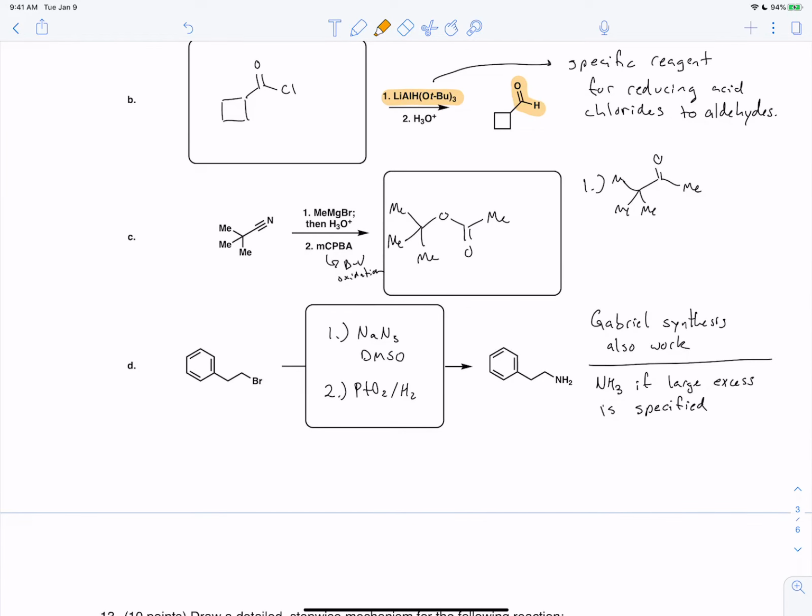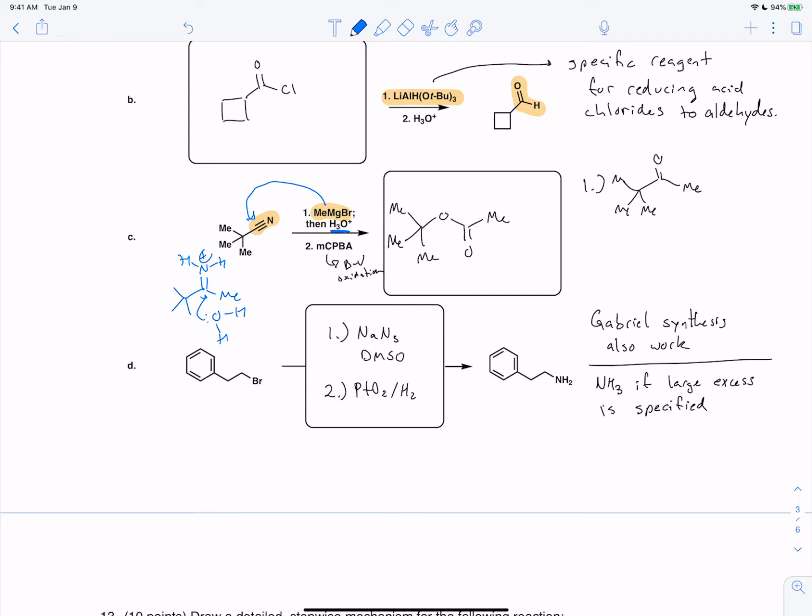In step C, we see we have a nitrile reacting with a Grignard. So this is going to do a nucleophilic attack directly onto the nitrile. The aqueous workup afterwards will turn this intermediate amine into an aminium, and water will hydrolyze it.